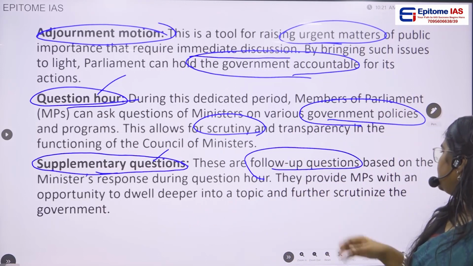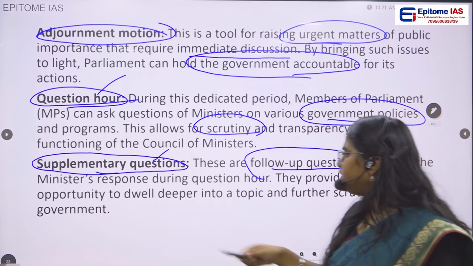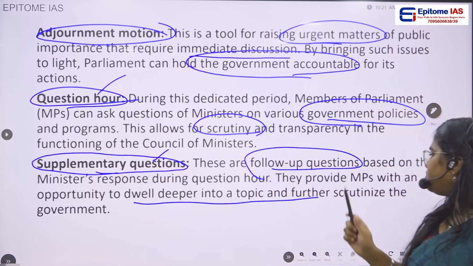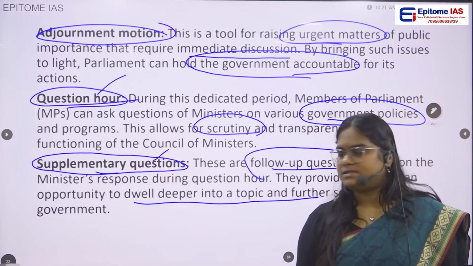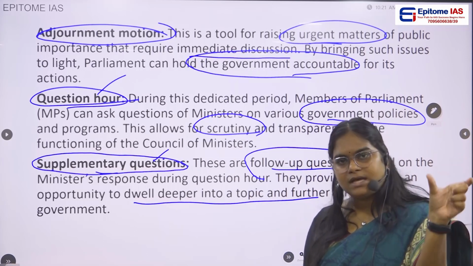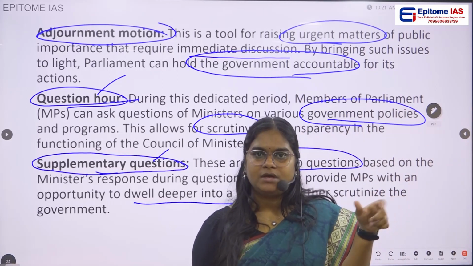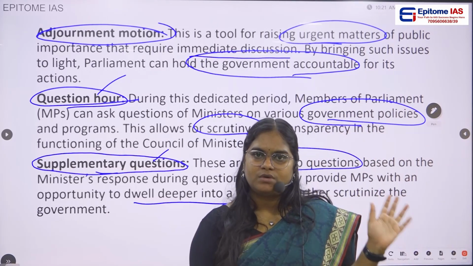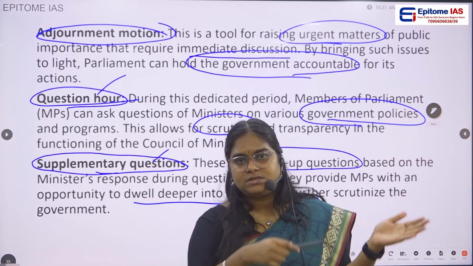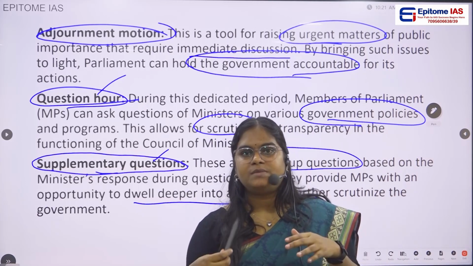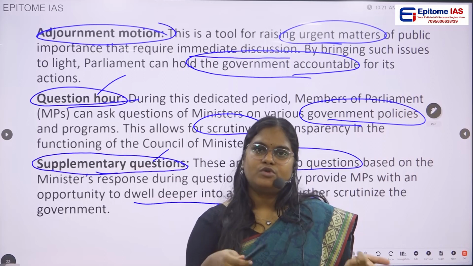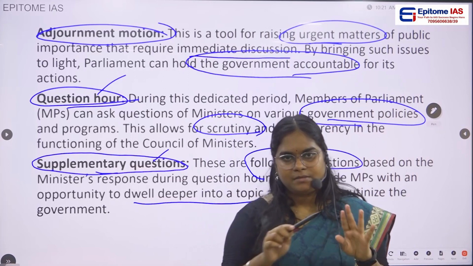They provide MPs with an opportunity to delve deeper into the topic and further scrutinize the government. So once the minister gives his answer, they will again ask a follow-up question. What will happen in a particular topic?